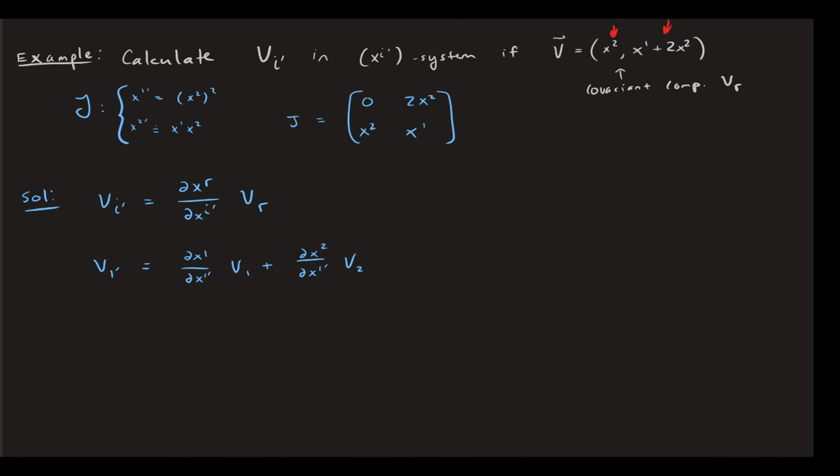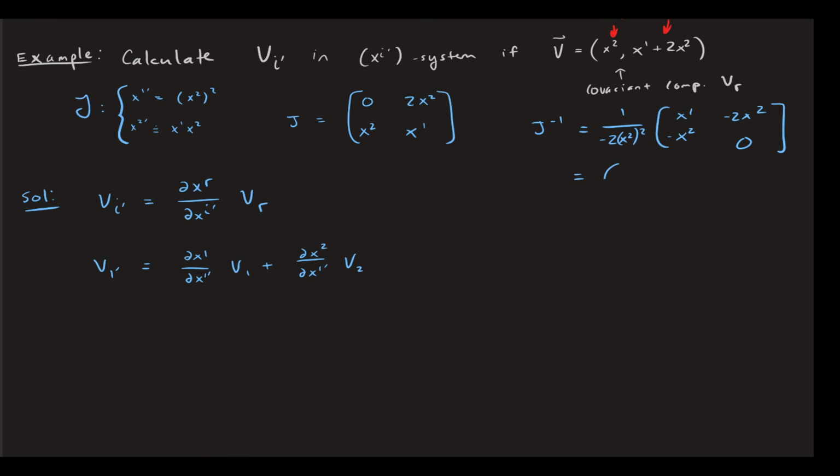So what are the inverse Jacobian elements? J inverse is going to be one over the determinant, which is negative 2x2 squared, times the adjoint: x1, negative 2x2, 0, and negative x2.